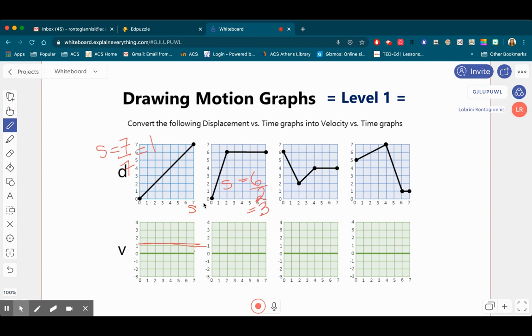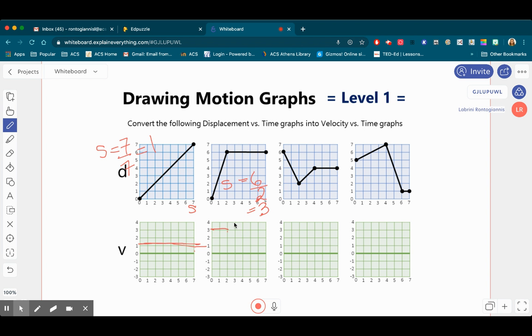So for the first 2 seconds, this object travels a speed of 3 units per second, and it's constant. So we can go here, 3 units for 2 seconds. Now, at the 2-second mark, we can see that the object here was 6 units away and then stayed there for the rest of the time, for the 5 seconds. So for 5 seconds, this object did not move.